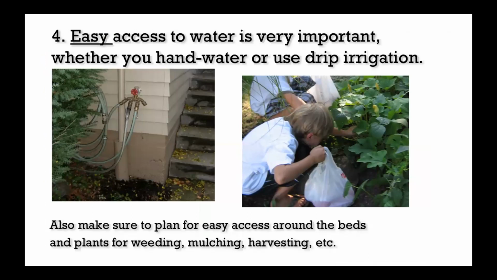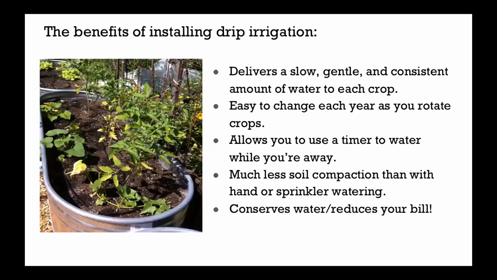Whether you're going to hand water or use drip irrigation, you need to make sure that it's a convenient situation so you won't forget to water, because food plants do take more water than ornamental plants as a general rule. And also you want to make sure that you have access to be able to do the weeding, mulching, and harvesting that you need to do around the beds.